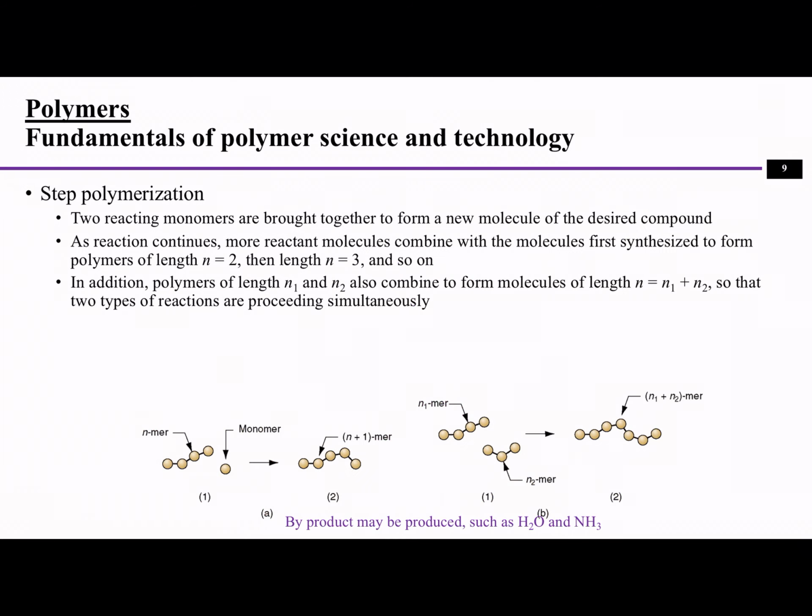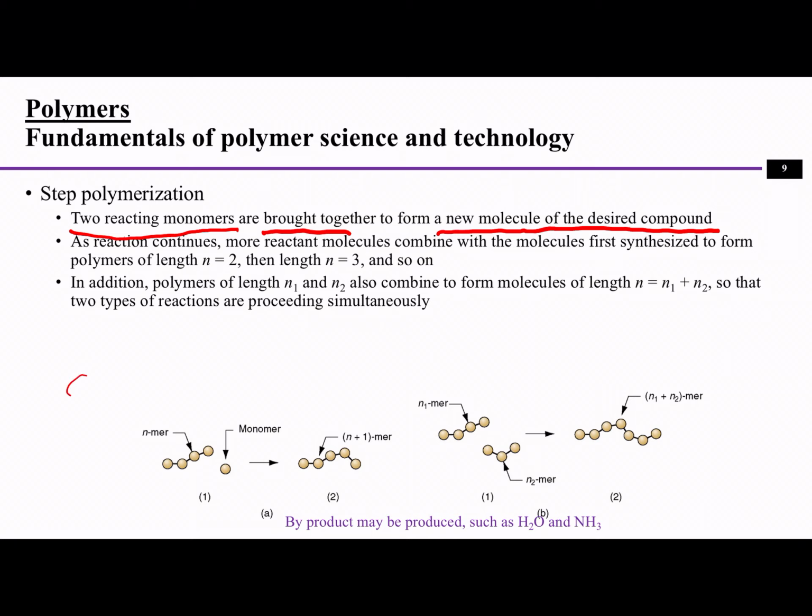Compared to addition polymerization, now let's look at step polymerization. Step polymerization means two reacting monomers are brought together to form a new molecule of the desired compound. It does not have to be a carbon-carbon bond. Instead, it can be something else.